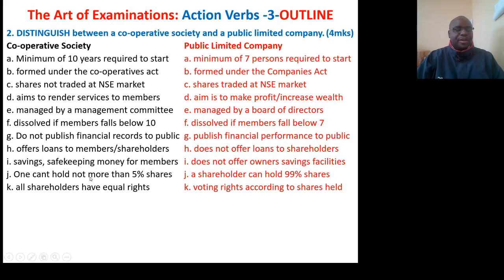Cooperatives can have shareholders holding 5% or less of the shares, whereas a shareholder in a public limited company can hold even 99% of the shares or share capital. In cooperatives, all shareholders have equal rights. In public limited companies, voting rights depend on the shares held.